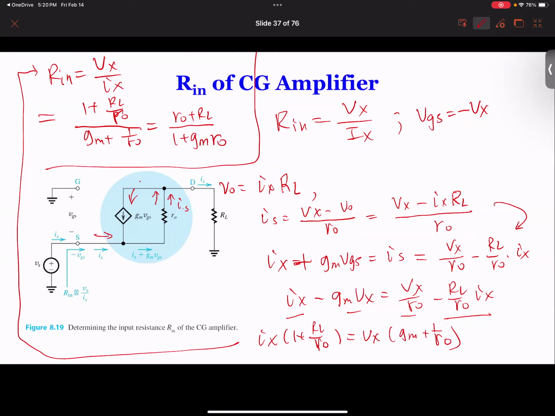So we got approximately equal to 1 over Gm plus RL over Ro times Gm. Right. So that's what we got for the input resistance.